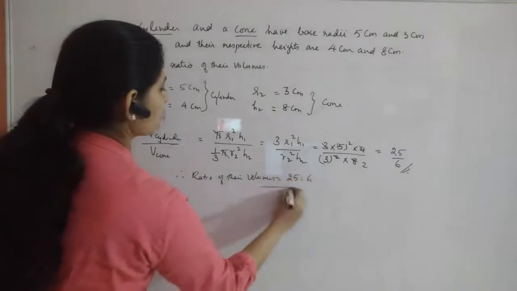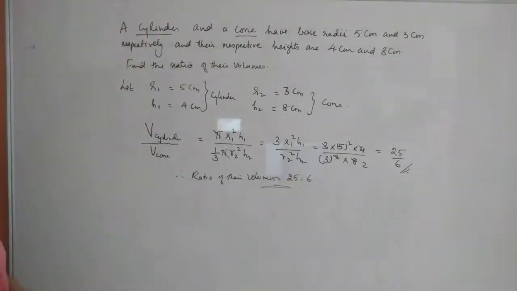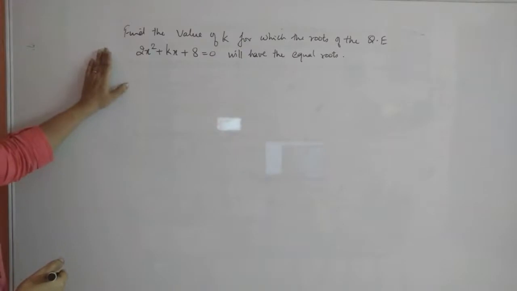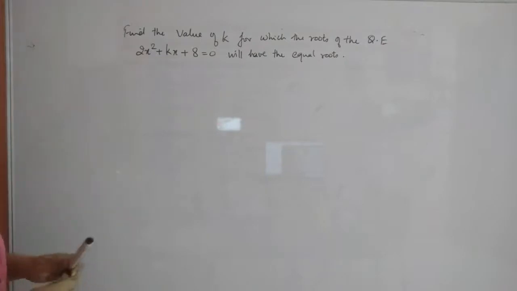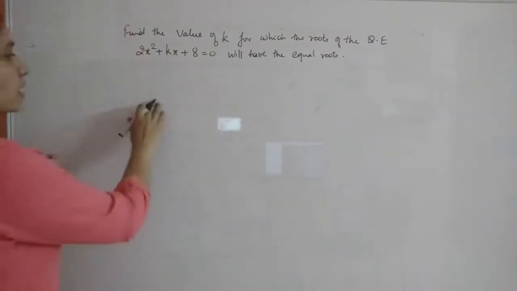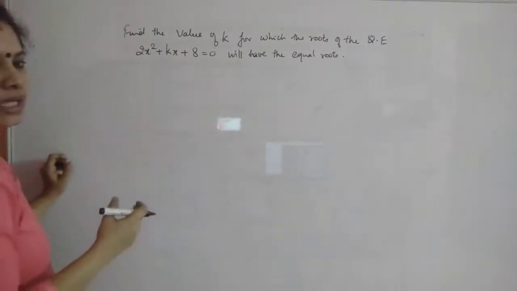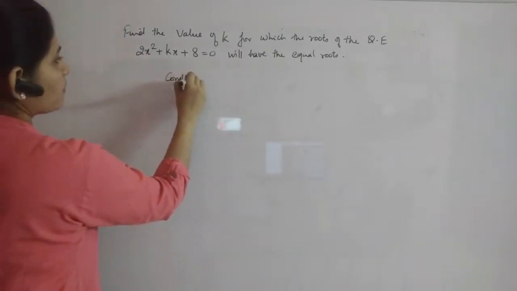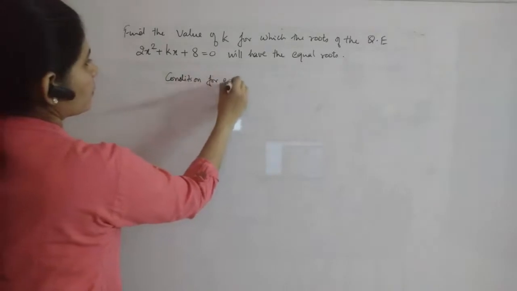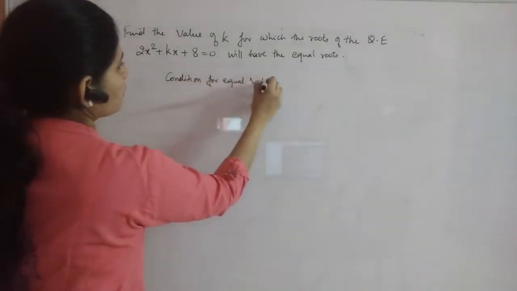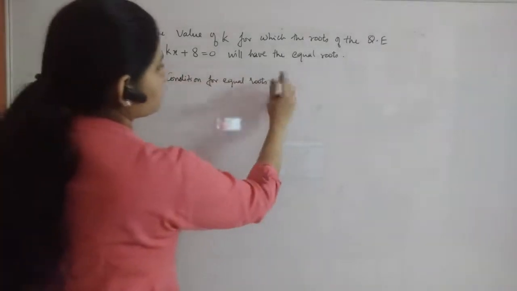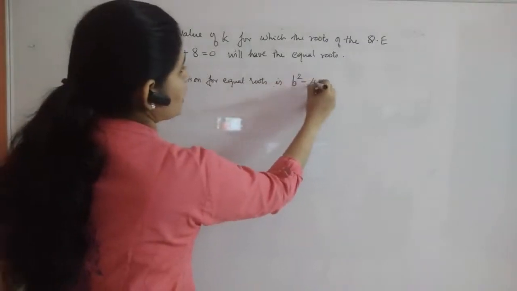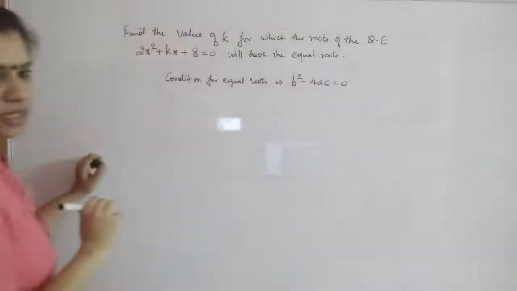Find the value of k for which the roots of the quadratic equation 2x square plus kx plus 8 equal to 0 will have equal roots. What is the condition for having equal roots? The discriminant should be equal to 0. That means the condition for equal roots is you should have b square minus 4ac is equal to 0. That is discriminant.